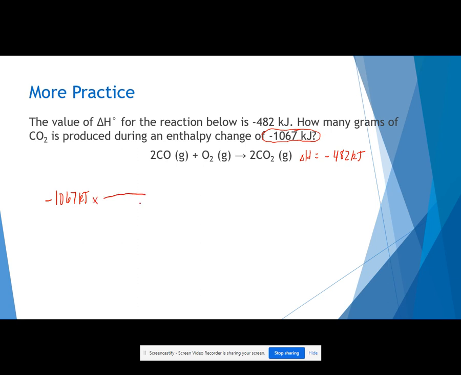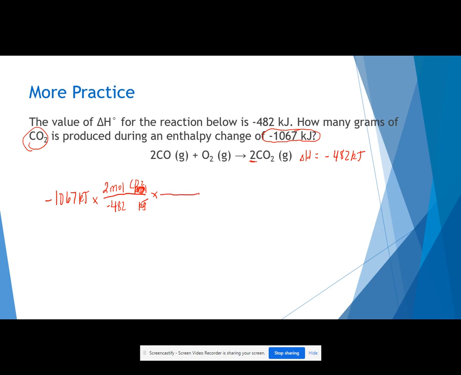So we have to get kilojoules on the bottom and moles on top. So our kilojoules for the reaction is negative 482. And then for our moles, we're trying to get to CO2, so I have to look at the balanced equation. There are 2 moles of CO2 for this reaction.